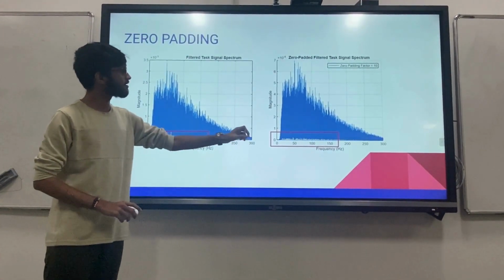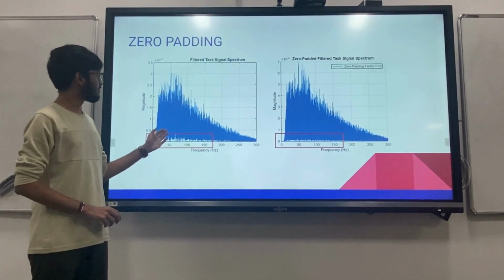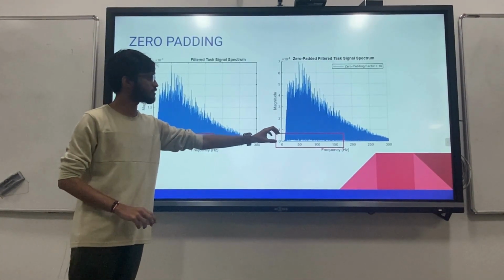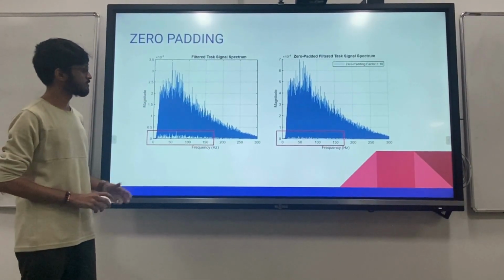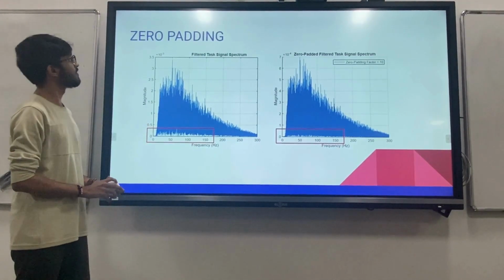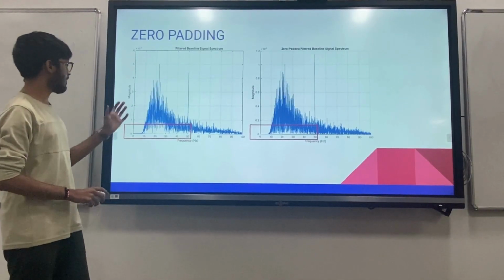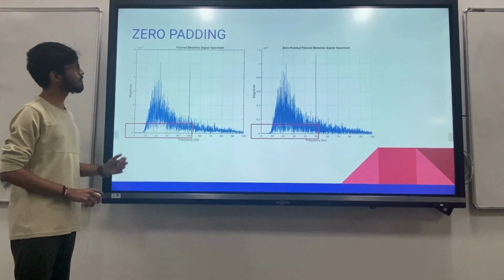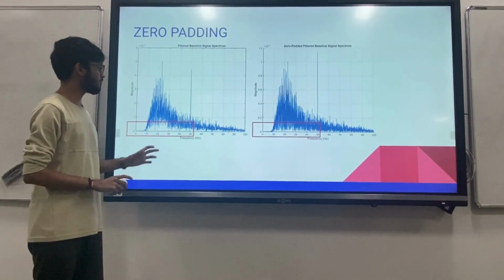As can be seen here, the resolution is increased. If you look closely, the signal becomes quite dense as compared to the initial signal, and so that illustrates the concept of improving the resolution. A better illustration can be seen in the case of the baseline signal, where the length is very small.